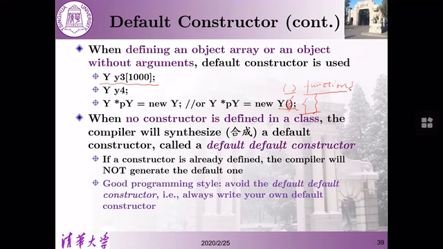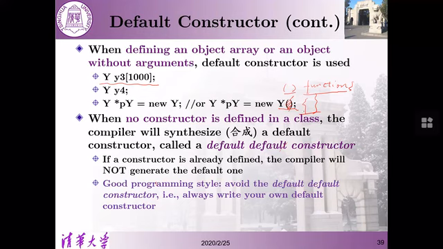Then when you define this array, if the constructor is called 1,000 times, the message will be printed 1,000 times. Am I clear? So you can print something within the constructor. Then if it is called 1,000 times, there will be 1,000 lines of the printed message. Okay, you can check it. I think the constructor will be called 1,000 times.